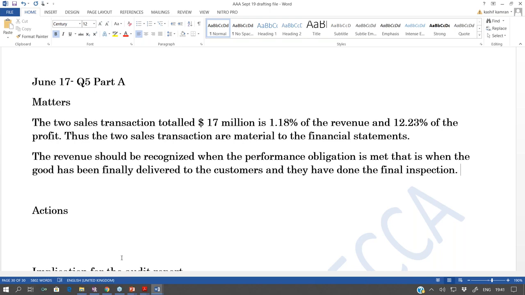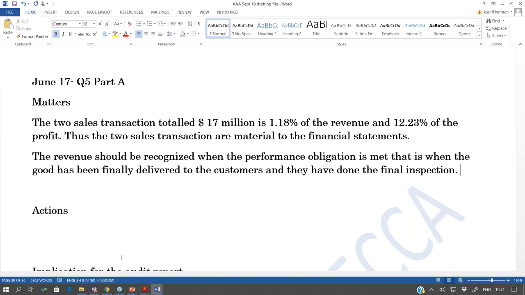So have you written the accounting treatment? Did you learn on day one that we need to write a concise accounting treatment? Or should I start to write the entire IFRS 15? No. Should I name the IAS? No. Should I name the number of the IAS? No. The examiner was saying on day one, there are no marks for the name and number of the IFRS or IAS.